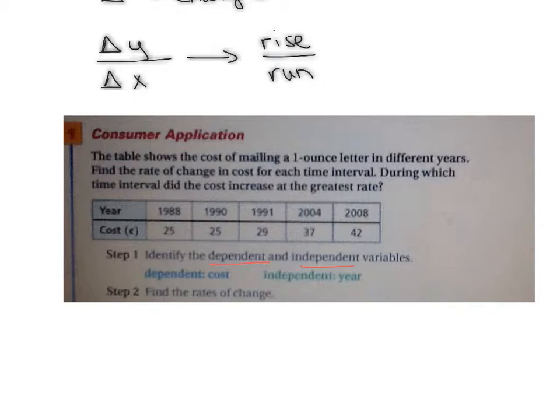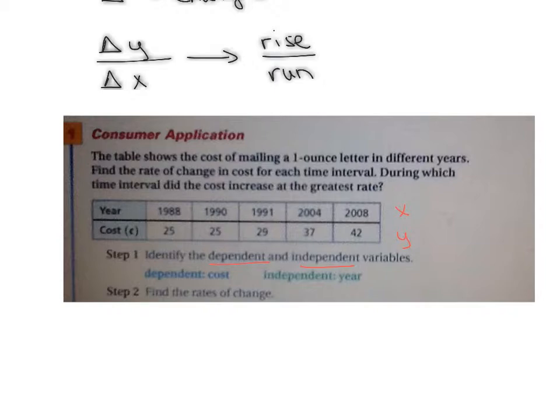Okay, so this is your x and this is your y. Because it's in a table, usually the first one's x and the second one's y, that kind of gives you a little bit of an idea on that.